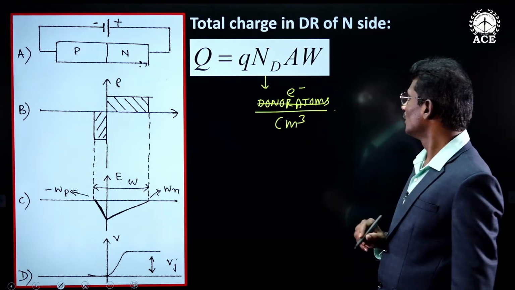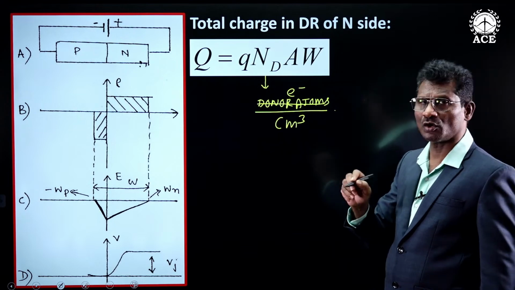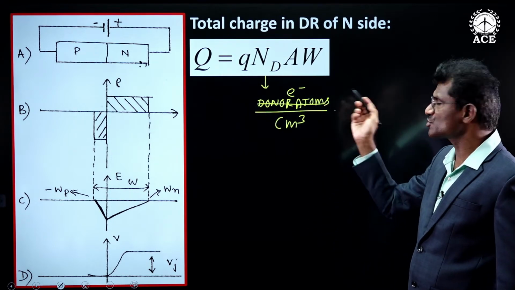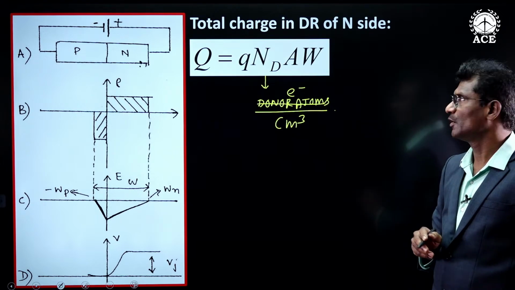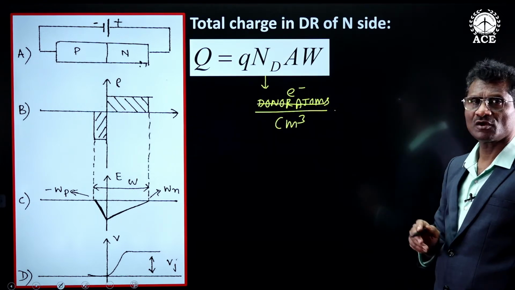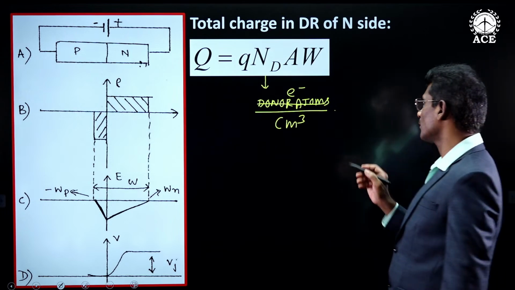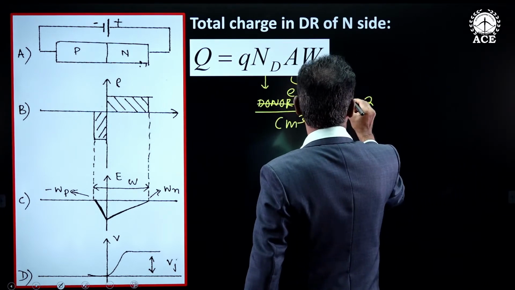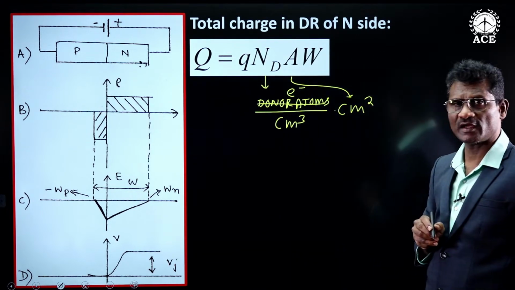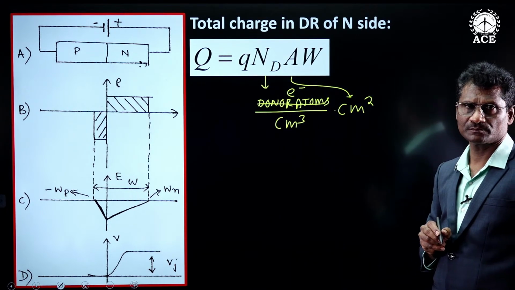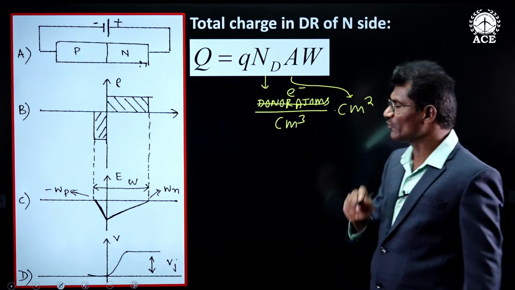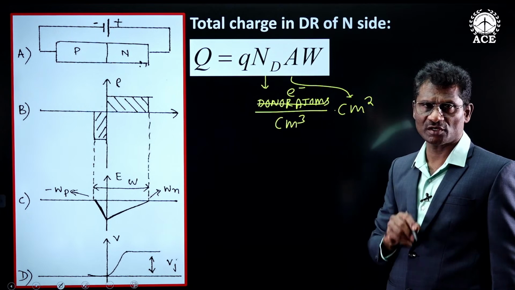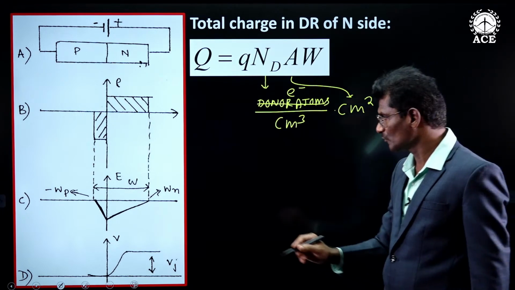Now we want to find out Coulomb Q, but here we have electrons per centimeter cube. I am multiplying with A, the cross-sectional area of the PN diode. The unit for area is centimeter square. Now we want to find out the charge inside the depletion region of N side.